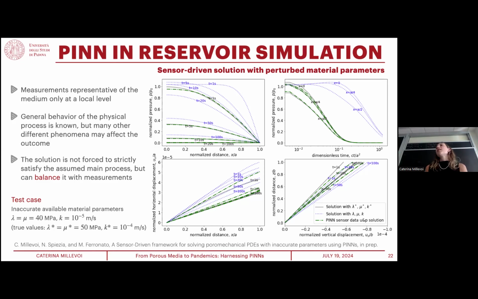But then you have some data, and you realize that these data are not consistent with your physical knowledge of the problem. But when we use data, we don't know. So we cannot say a priori whether the residuals are more reliable than the data or not. And so we did it automatically during the training.